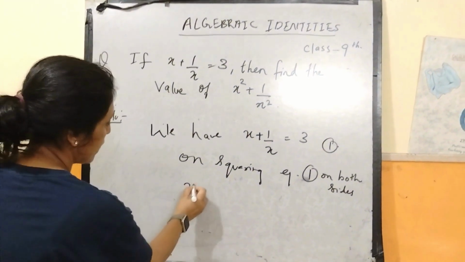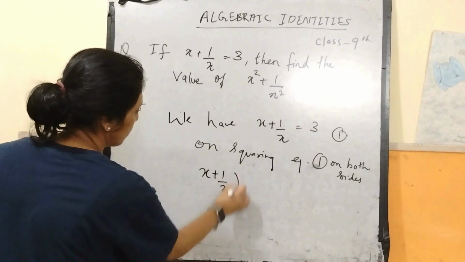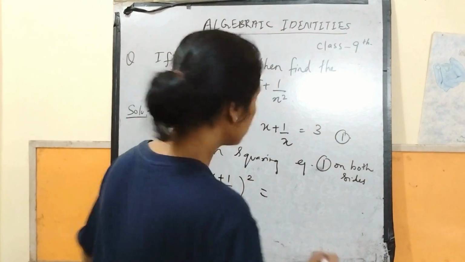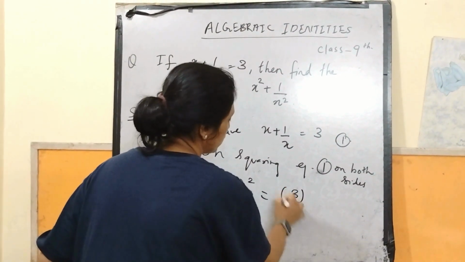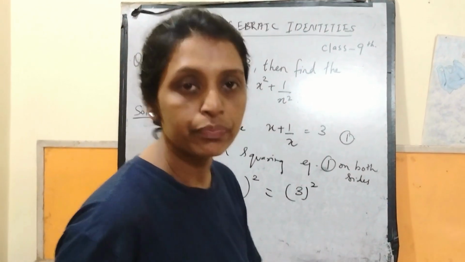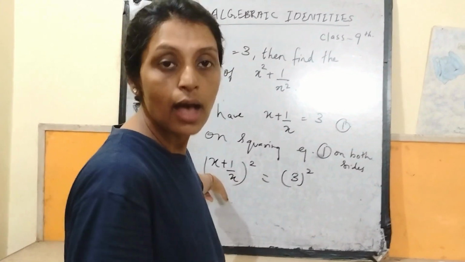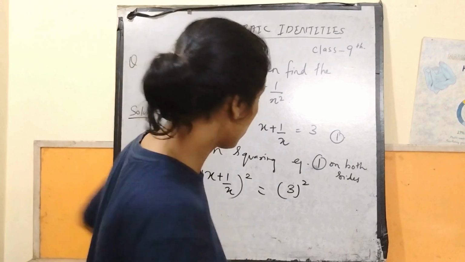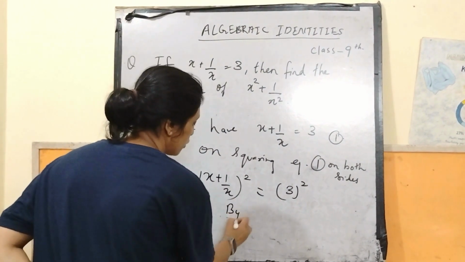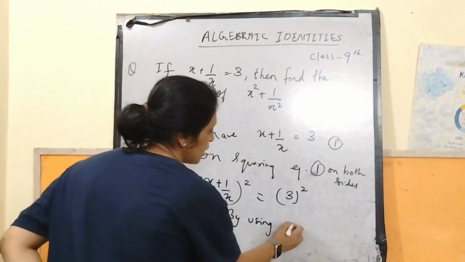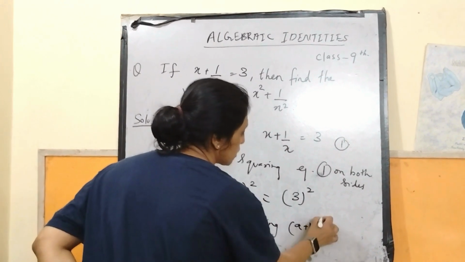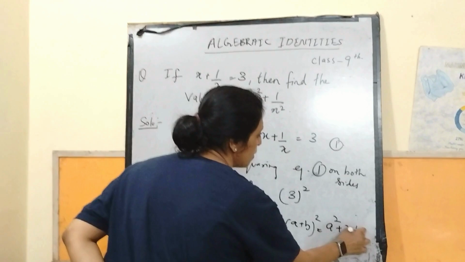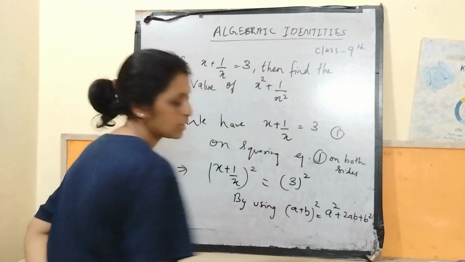So we will get x plus 1 by x whole square is equal to 3 square, square of 3. Now here we can put the algebraic identity a plus b whole square. By using a plus b whole square, we get a square plus 2ab plus b square.